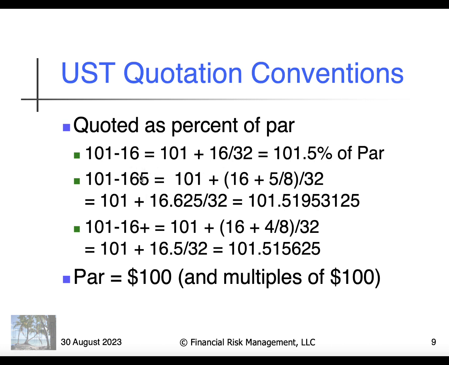If there's a 5 in the third digit, that's basically 16/32nds and 5/8 of a 32nd. And then you can proceed in the same way. You need to be familiar with how bonds are quoted, and make sure that you do the right conversions when you do different valuation exercises.